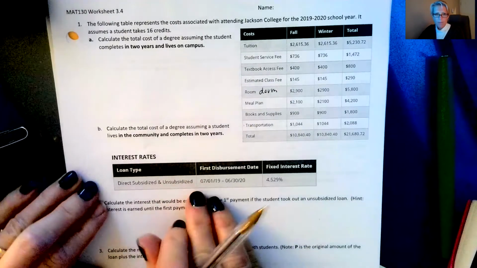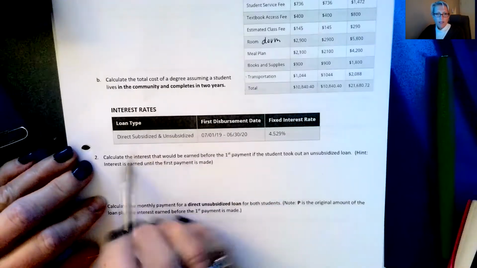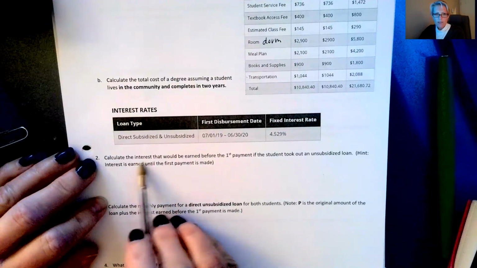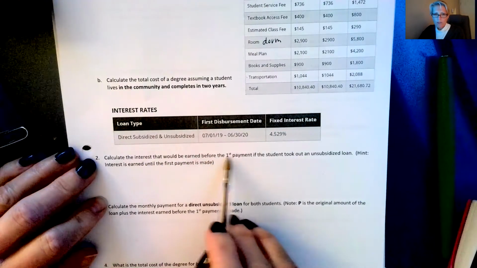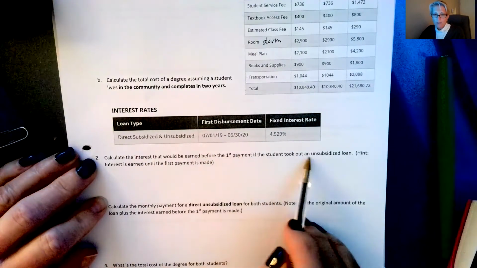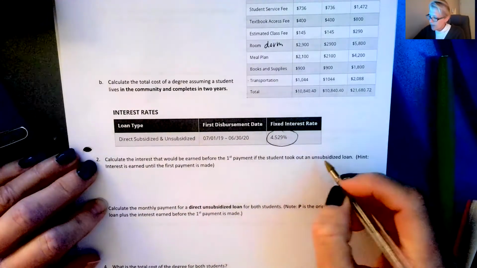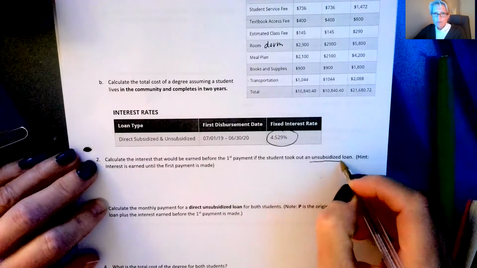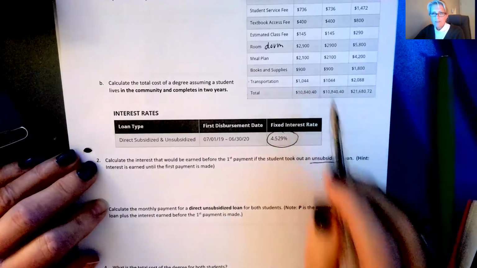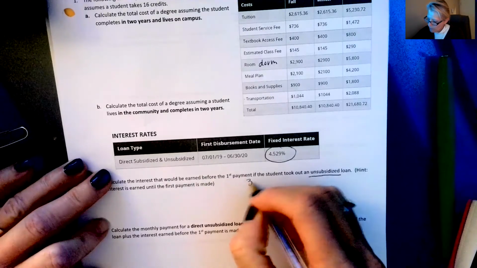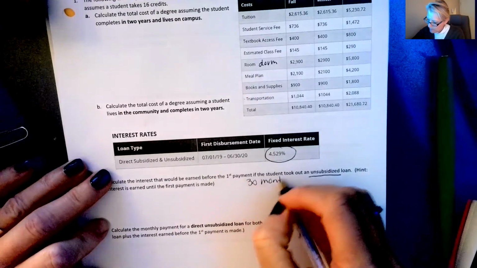Number 2 is asking you to calculate the interest that would be earned before the first payment if the student took out an unsubsidized loan. We're going to use this interest rate here. Remember that unsubsidized means you're earning interest from the minute they go to college until 6 months after they graduate, so that would be a total of 30 months of interest.